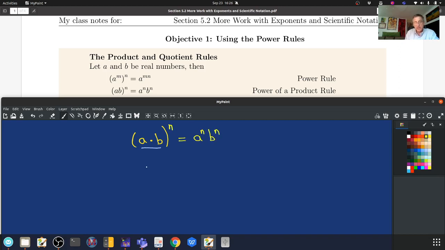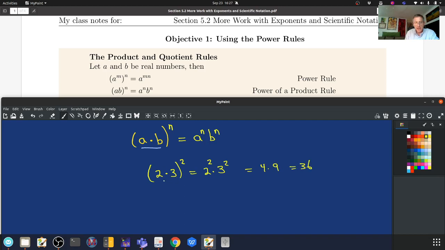So let's do this in an example. Let's do 2 times 3, squared. Well, that's, by this rule, 2 squared times 3 squared, which is 4 times 9, which is 36.